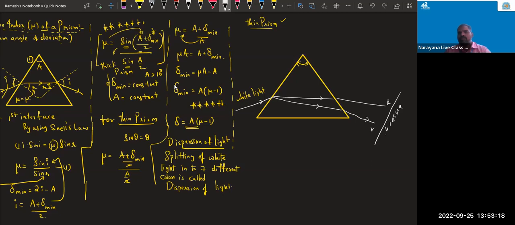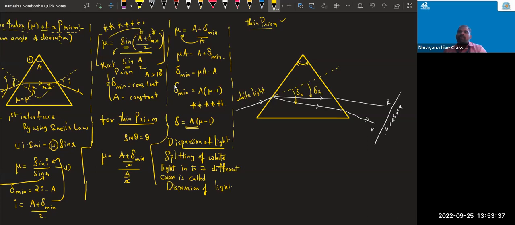Which has more deviation? I'll write down that point. If there is no prism, this white light would go like this, no? Which is having more deviation? This is the angle of deviation of violet color. What is this angle of deviation of the red color?